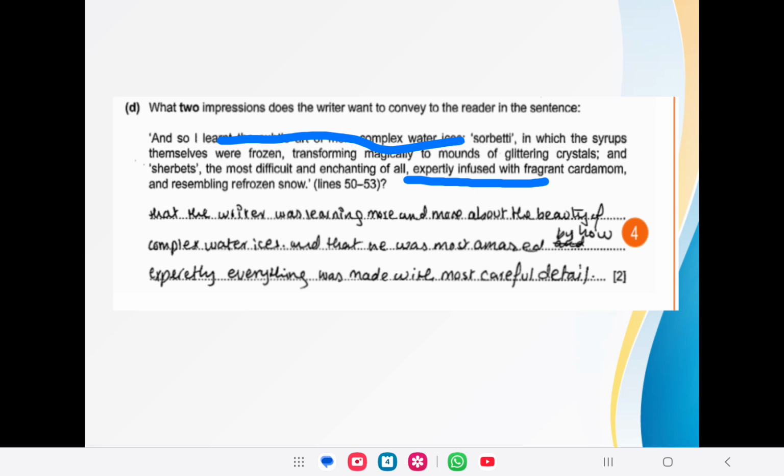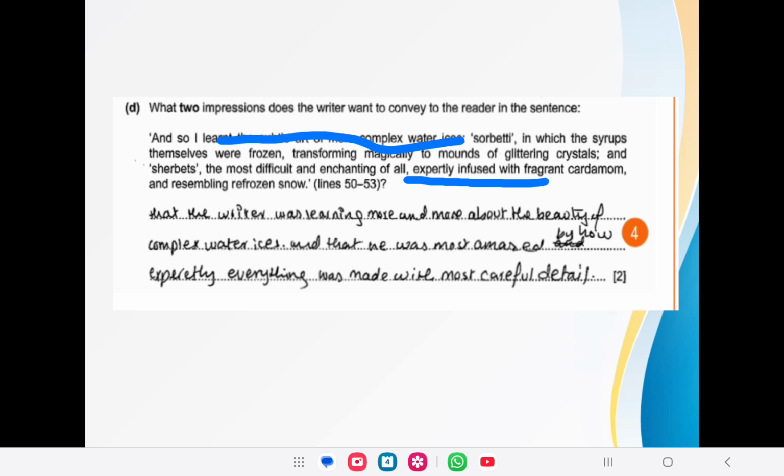First he learned the art of complex water ices, and after that he also learned how to infuse the aroma or fragrance of cardamom, or any kind of fragrance, into those ice crystals, that frozen snow. I think we can find more than that also.